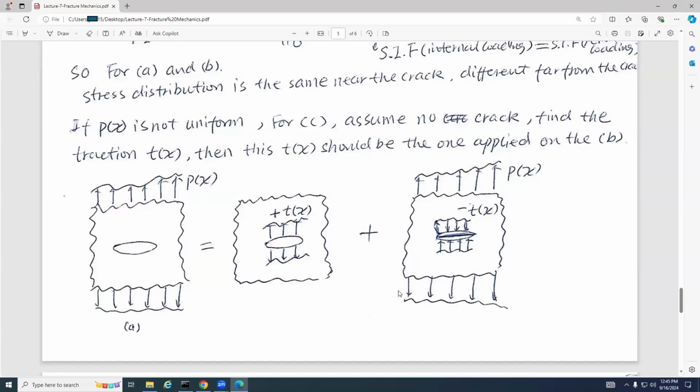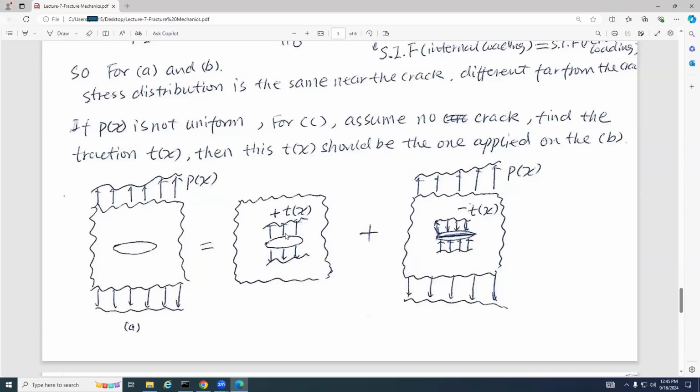Questions so far? You can see that this one is more general. For this case, this still equals this one, but here I will not use the same one, but another one.